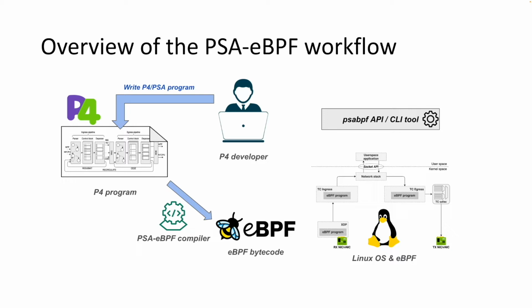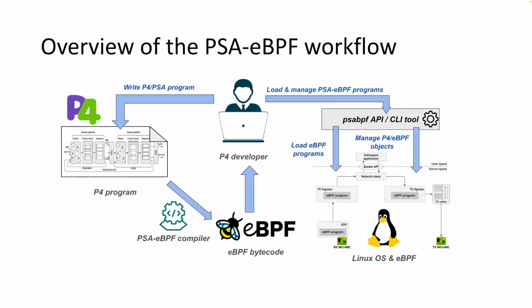However, this process is quite complex, so we provide the PSA eBPF library, as I mentioned before, to simplify this step. With the help of the PSA eBPF API or CLI tool, a P4 developer can load and manage PSA eBPF programs. And once it's done, the attached eBPF programs will handle incoming packets and process them according to the algorithm defined in a P4 program.